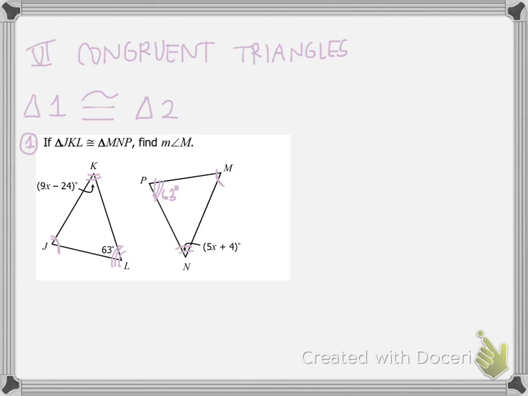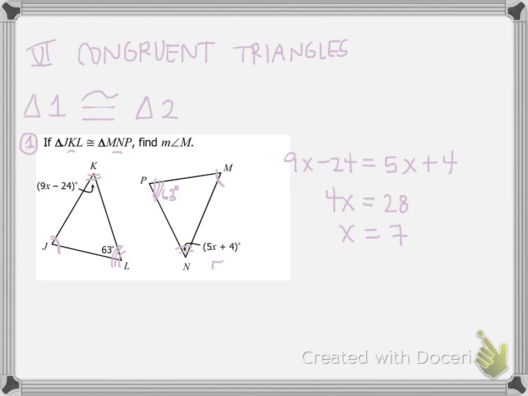That means that K and N are going to be congruent because they are in the same position. So 9x minus 24 is going to be equal to 5x plus 4. So 4x is going to be equal to 28, so x here is going to be equal to 7.